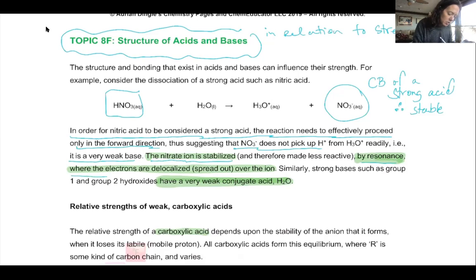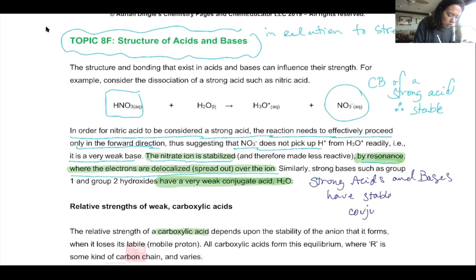The electrons are delocalized, spread out over the ion. So what we get from that is that strong acids and bases have stable conjugates. That's what you need to get from that.